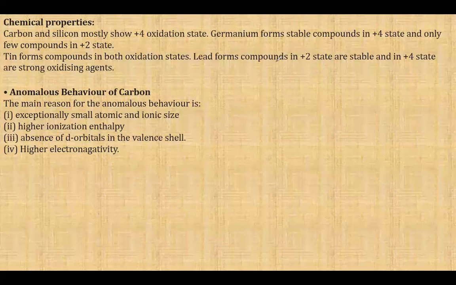Okay, and C4+ does not exist. Instead of ionic nature, the sharing of electrons is more because of high ionization enthalpy and small size. Due to small size and high ionization enthalpy, the existence of C4+ is difficult.